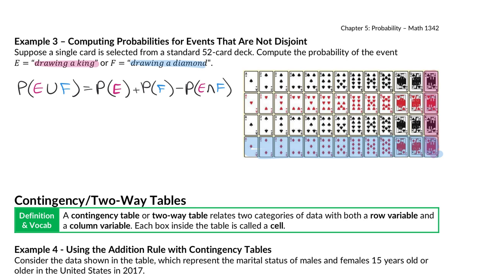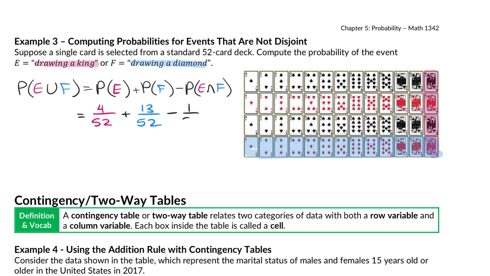If we look at our sample space, again, the number of things in my sample space is 52 because it's a deck of cards. So this will be 4 out of 52 plus how many out of 52? 13 out of 52. That's all the diamonds. Minus how many overlap? 1.